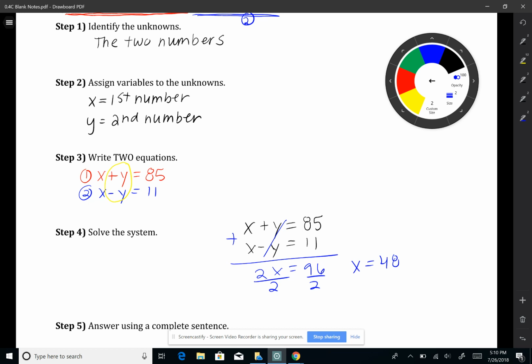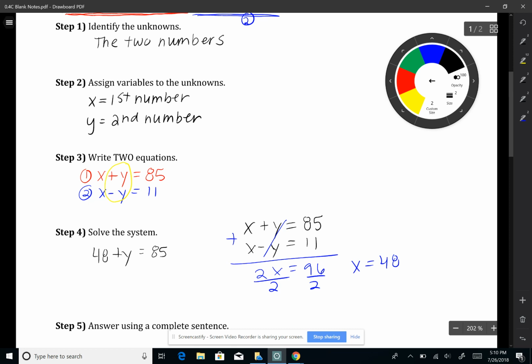So why don't I just go plug this 48 into either of the equations, I'm just going to plug it into the one that says x plus y equals 85. So x is 48. So 48 plus y equals 85. So then I will just subtract 48, and I get y equals, just plug this in your calculator, 37.